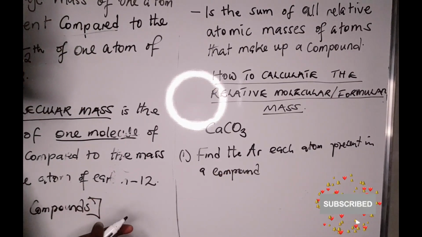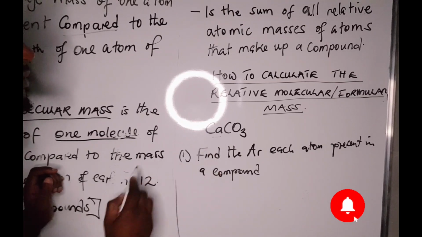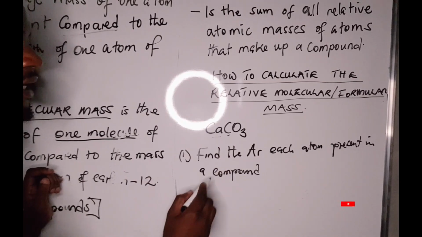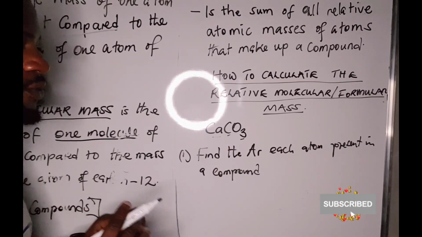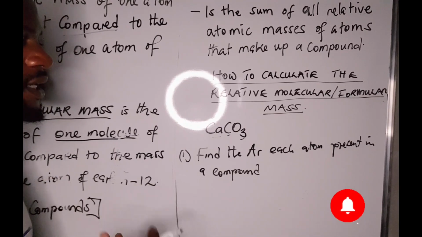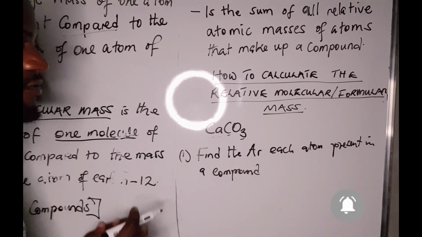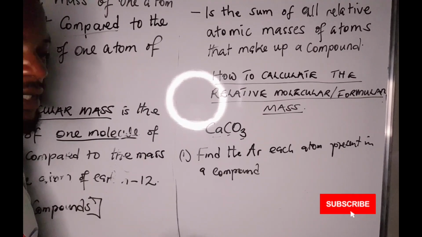In this case, we have calcium, we have carbon, and we have oxygen. So we should know the relative atomic masses for all these atoms that are present.